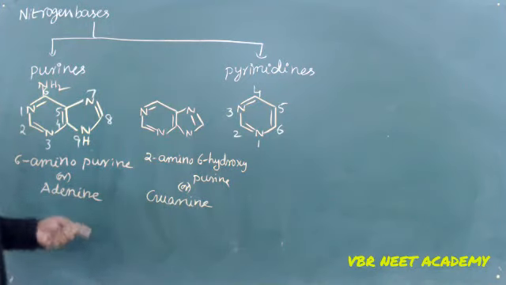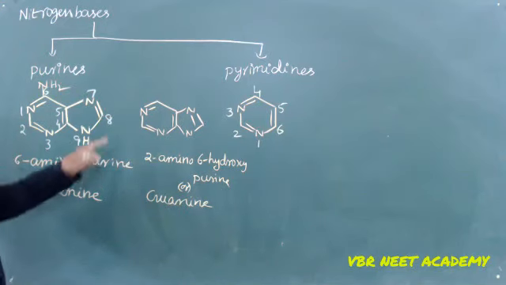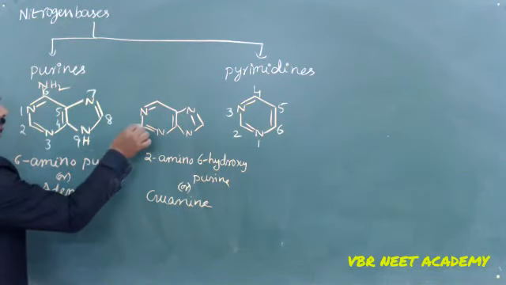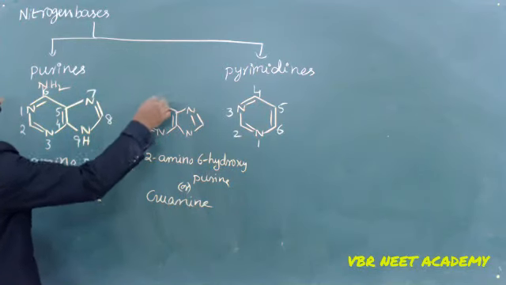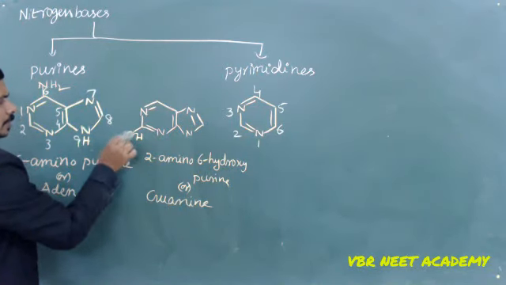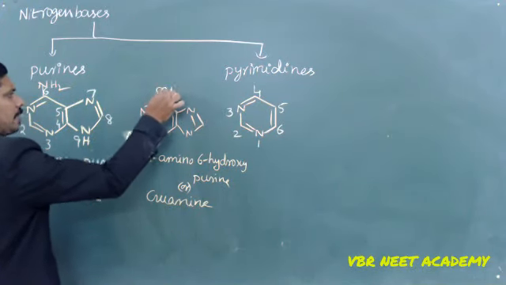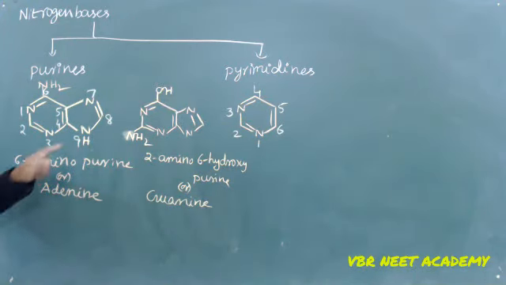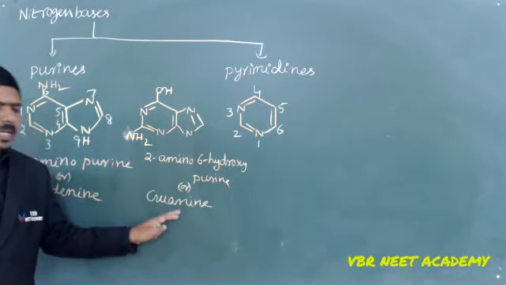So what is this one? 2-amino 6-hydroxy purine is called guanine. Here at the sixth position OH, at the second position NH2, and at the sixth position I am having hydroxy. So 2-amino 6-hydroxy purine is nothing but guanine.